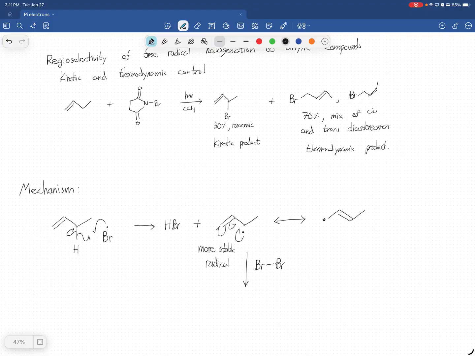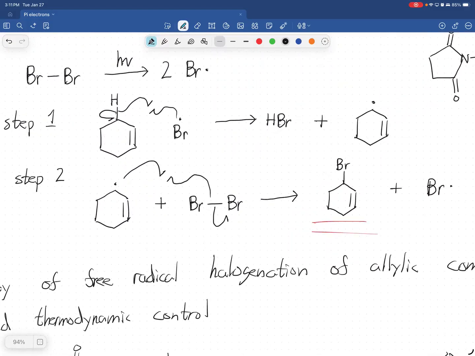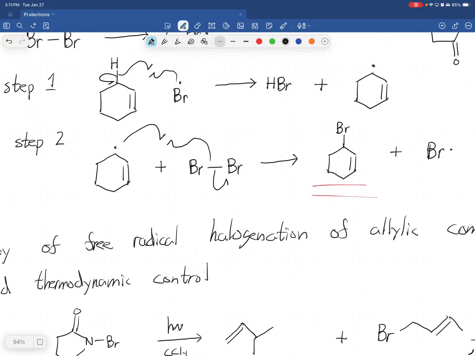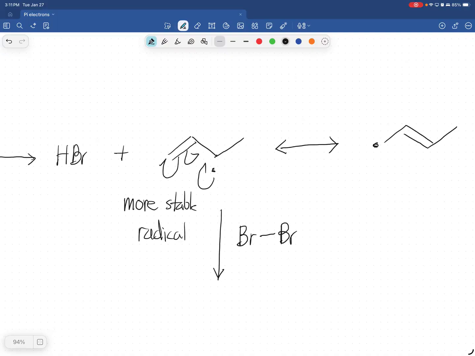So how exactly this forms is exactly how we did it above in this mechanism. So you're going to have the radical here, and that's going to attack the bromine molecule to regenerate the bromine radical here. So I'm not going to draw the arrows because the arrows here is already trying to show you the direction to the resonance structure. So I'm just going to draw this here and just draw the product.